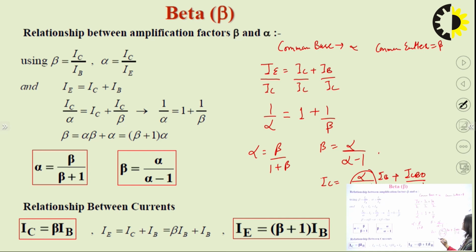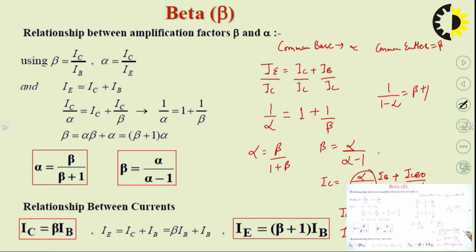So we can replace alpha upon 1 minus alpha with beta. We can write beta IB plus ICBO times 1 upon 1 minus alpha, and 1 upon 1 minus alpha is equal to beta plus 1. So we can also write this as beta IB plus beta plus 1 times ICBO.